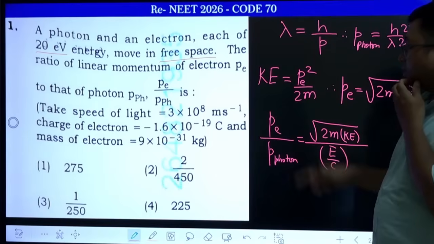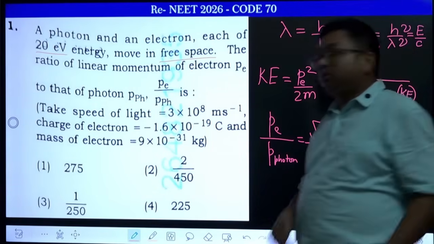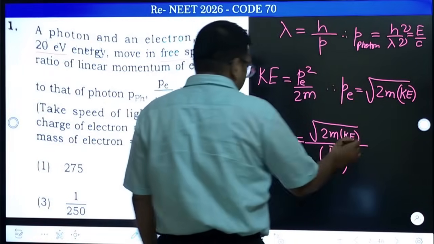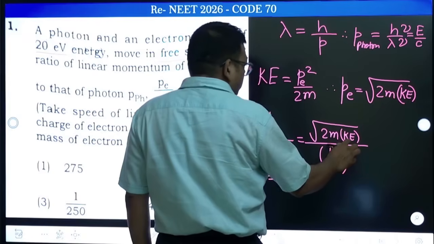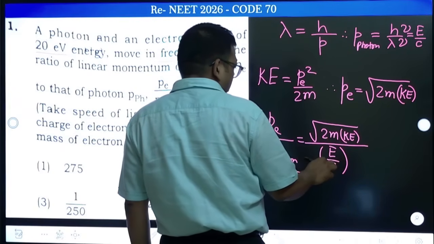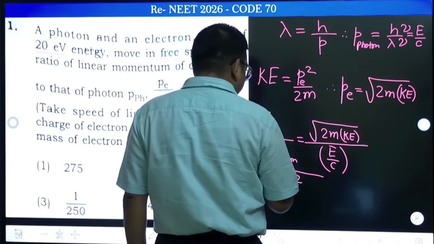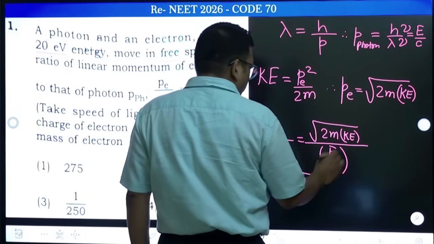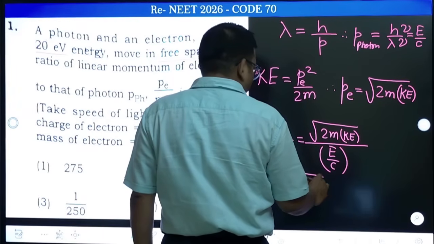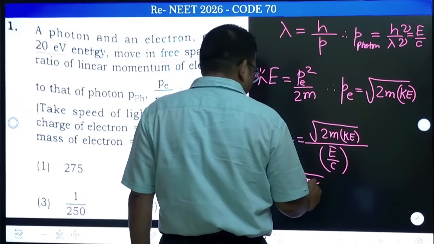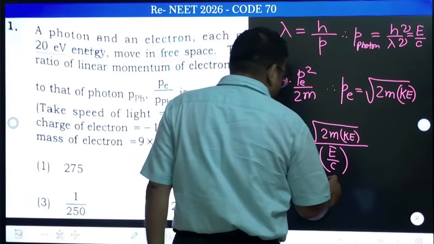The values they have given, can we quickly do some calculation, or is there some approximation that we have to do? Let's try the calculation first. Root under 2 times, see this kinetic energy and this energy are the same. So I will take this inside, c will anyway get multiplied here. So 2m by this I will get, so it will come as energy or kinetic energy, because E and kinetic energy are the same.